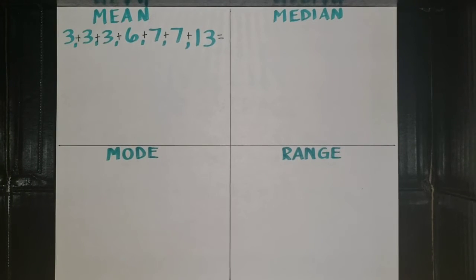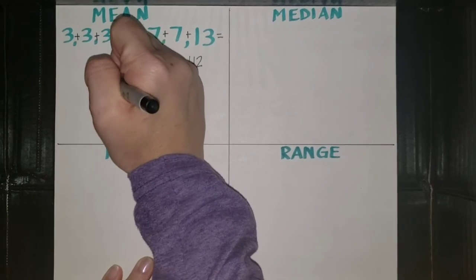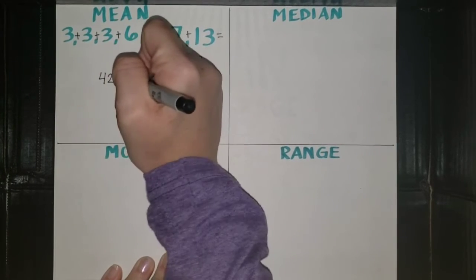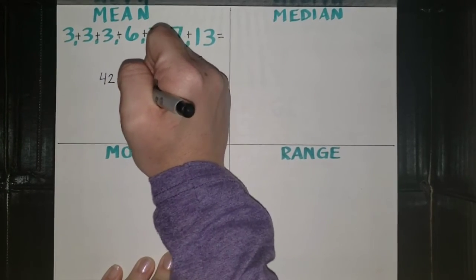Using either your workspace here or your calculator, add up all of these numbers to find the sum. And you should get 42. Great job. And then the next thing we're going to do is take 42 and divide it by 7.